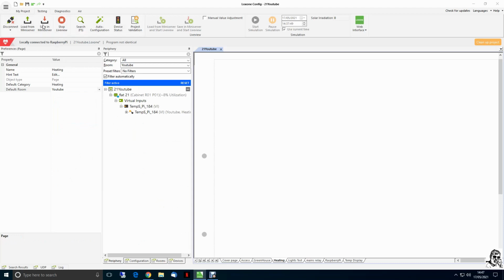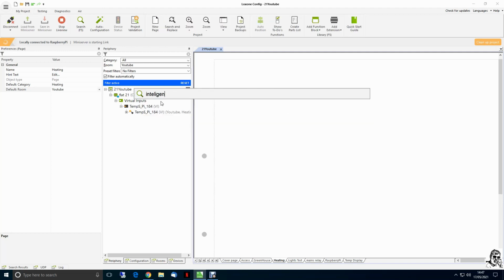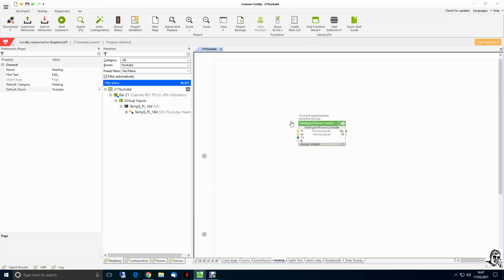Okay, now in the meantime we save to the server. Press F5, bring down the intelligent room controller.